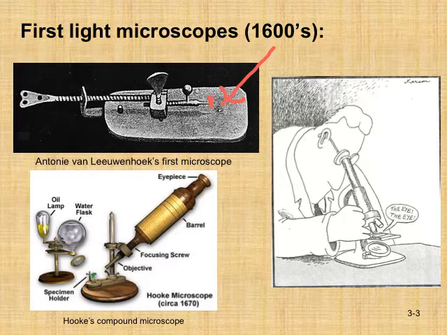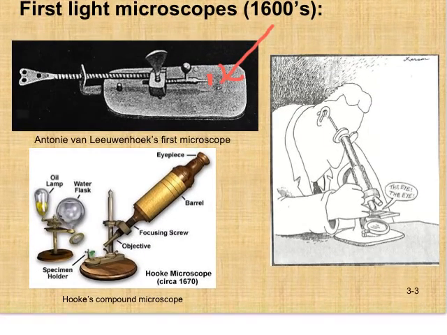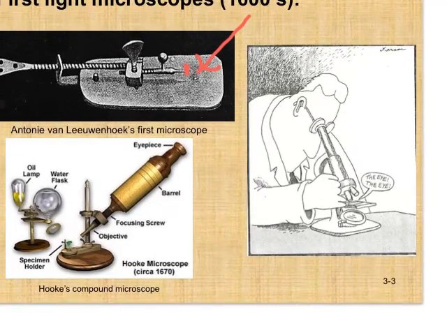Later, in that same century, the 1600s, other microscopes were invented, and these were more stable, and you could see the specimen more easily. The lenses got more powerful. Down here on the bottom is a microscope that was invented by Robert Hooke.